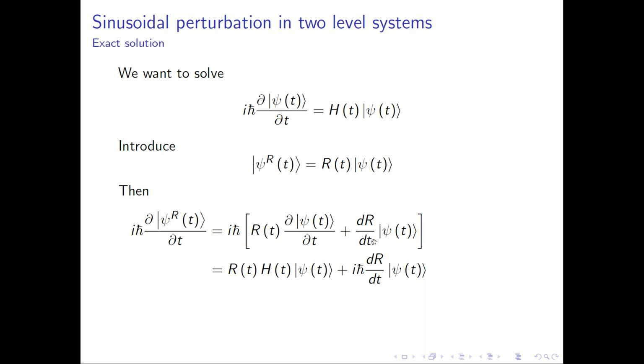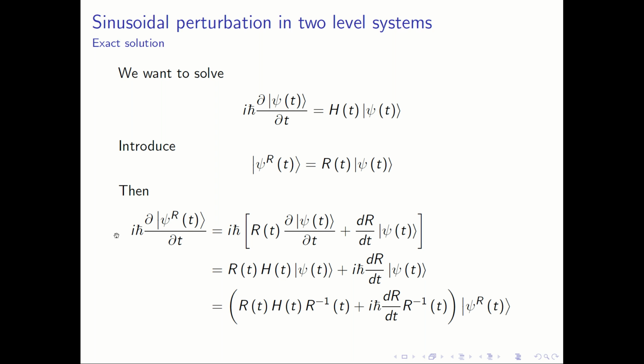I want to replace this with psi_R(t), and so all we do is write psi(t) as R inverse psi_R(t). I perhaps forgot to mention that before, but we are assuming R(t) to be invertible. Actually we are assuming it to be unitary, so invertibility comes with that anyway. So once you throw that in, you get this whole thing in the bracket in front of psi_R(t).